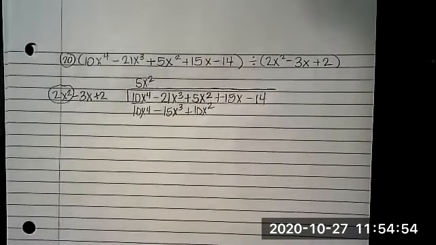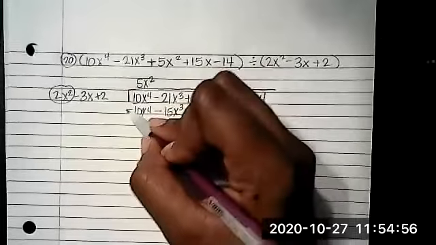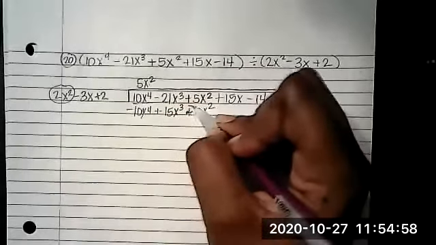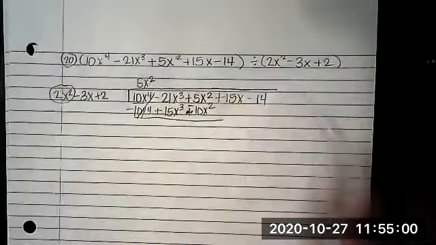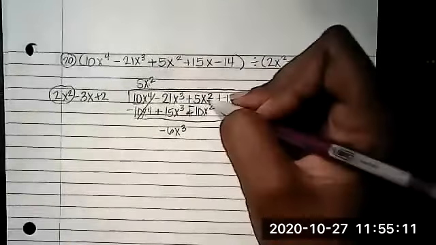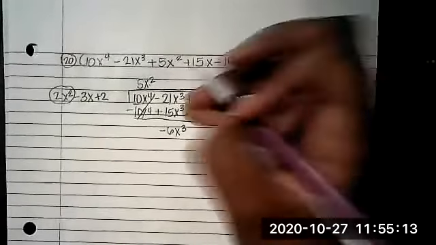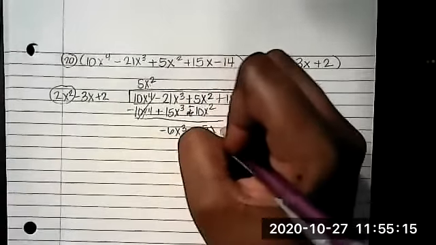Don't forget to change the sign. This cancels out. You have negative 21 plus 15, and that becomes negative 6x cubed. Then 5x squared minus 10x squared is negative 5x squared.